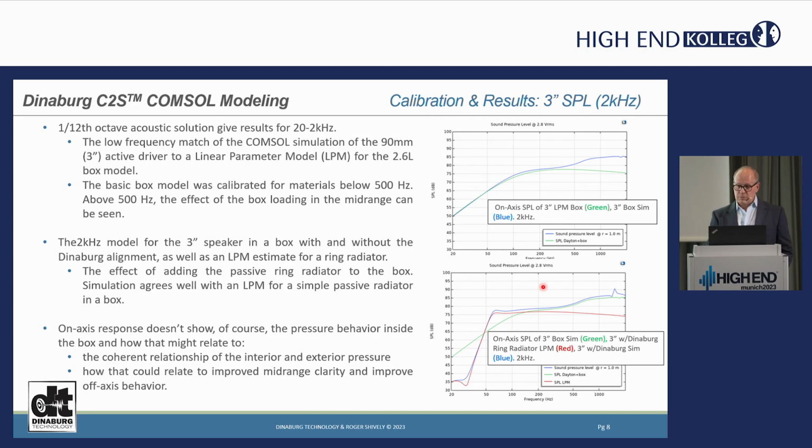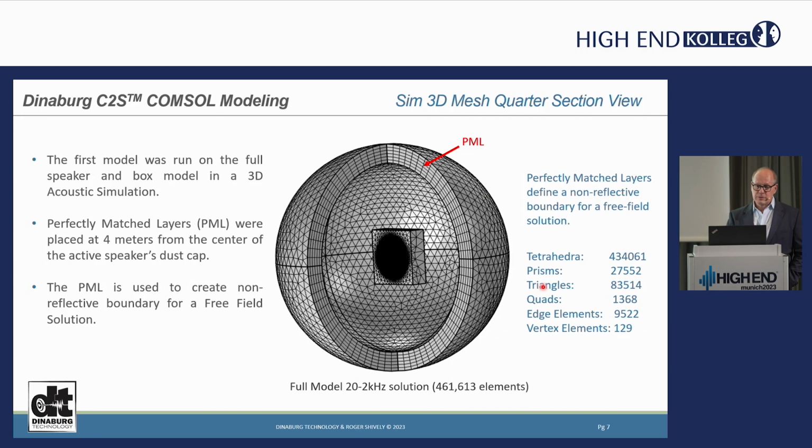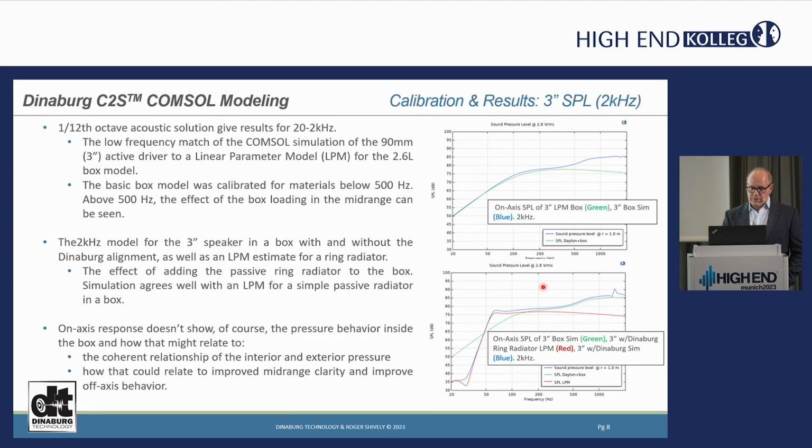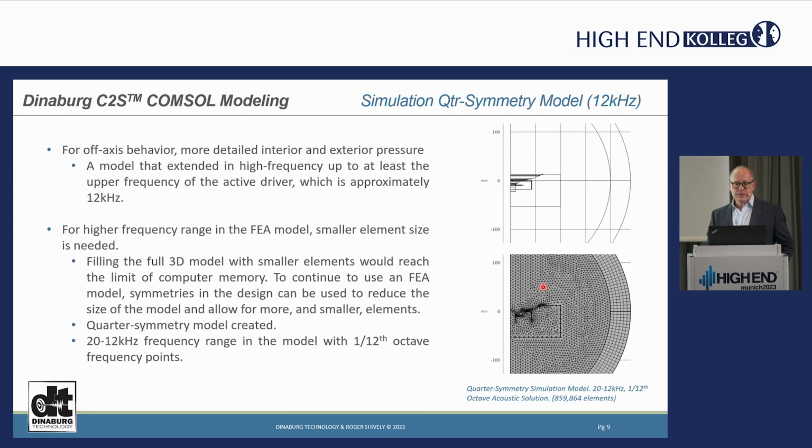And so in order to do that, we needed to recreate the model for higher frequencies. And so to get the off-axis behavior, we had to go up to about 12,000 hertz. So we took a quarter symmetry line in the model, and recreated the model that way so that we could get up to 12,000 hertz. If we had tried to do that for the full model, it would have been too many elements.